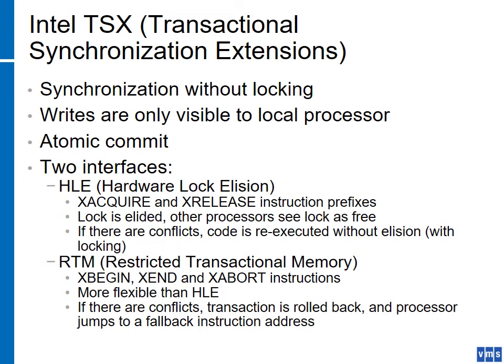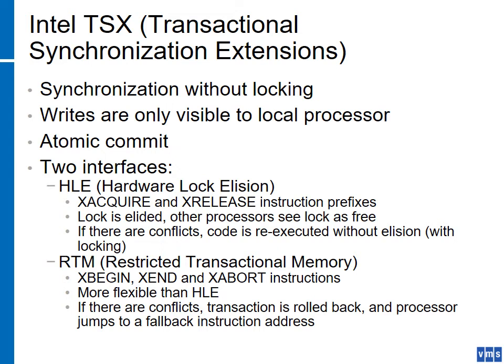And what will happen is the processor will now try to execute this code without actually taking the lock. So it will execute all the instructions, but it will keep everything in its cache. However, if another processor touches any of that memory that we've been touching, the processor basically rolls back the transaction and does the same thing over again, but now actually taking the lock and doing this non-atomically.